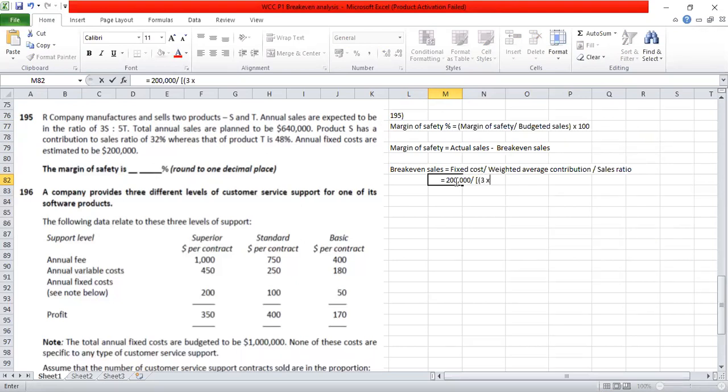So 3 into 32% plus 5 into 48%, divided by 3 plus 5. Check the calculation.